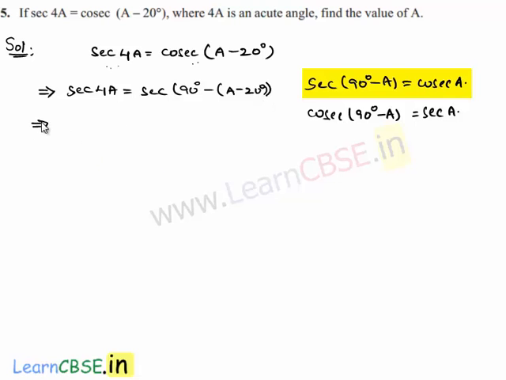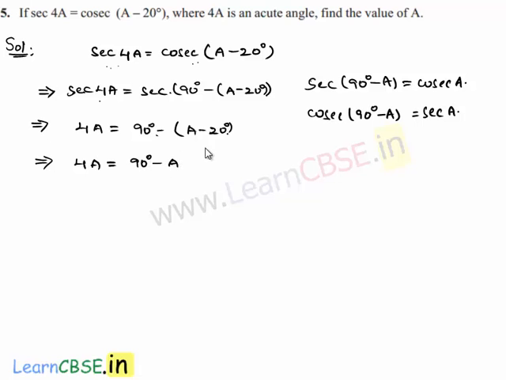As secant is common, the included angle can be equated, that is 4a is equal to 90 degrees minus (A minus 20 degrees), which implies 4a is equal to 90 degrees minus A, and minus into minus is plus, 20 degrees.